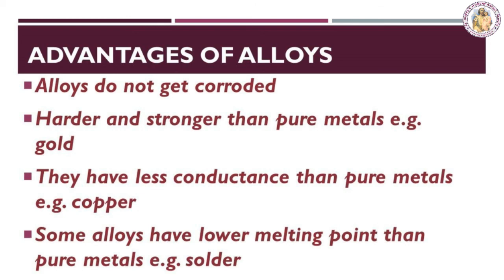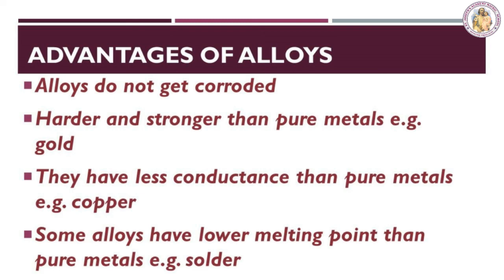Advantages of alloys. Alloys do not get corroded or get corroded to a very small extent. They are harder and stronger than pure metals. Example, gold is mixed with copper and it is harder than pure gold. They have less conductance than pure metals.